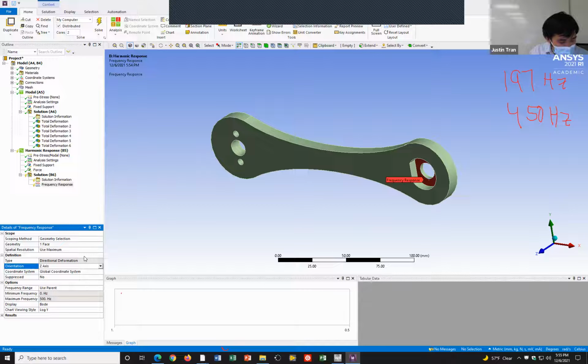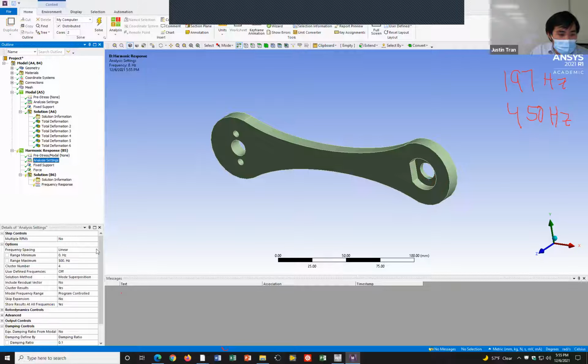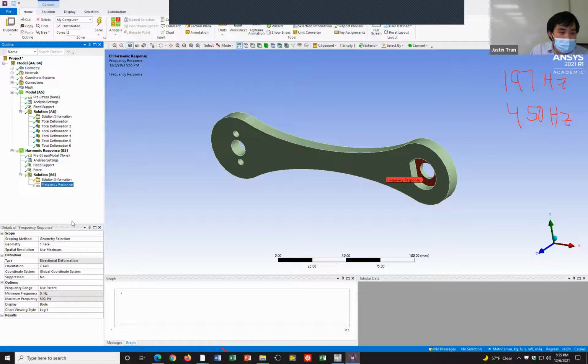Now that we've set the oscillatory boundary conditions, and we've set the analysis settings, specifically the maximum to be 500 hertz, and the damping ratio, we're all set to check the frequency response spectrum.